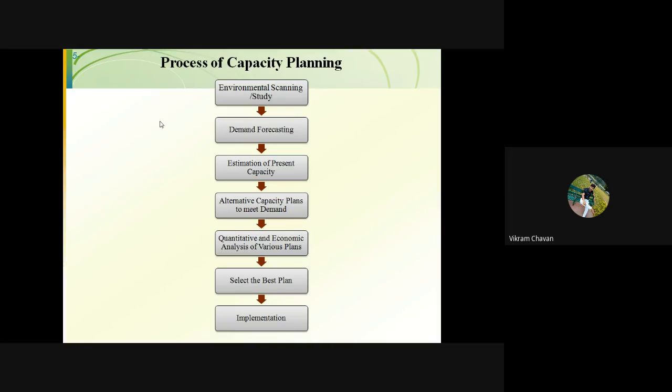Does the firm or that particular industry have suitable capacity to avoid the uncertainties which will happen in future, to cope with the fluctuations of the market? If production goes on increasing, is there any suitable facility in the industry to manage or satisfy that demand? That is estimation of present capacity. What is the present situation, what are we having at present? That is estimation of present capacity.